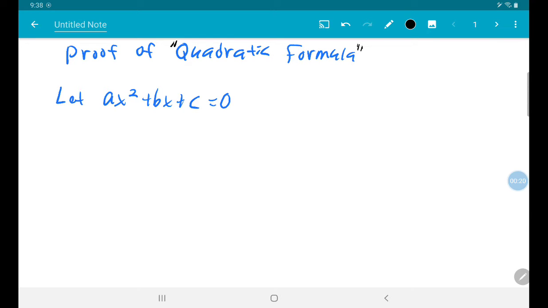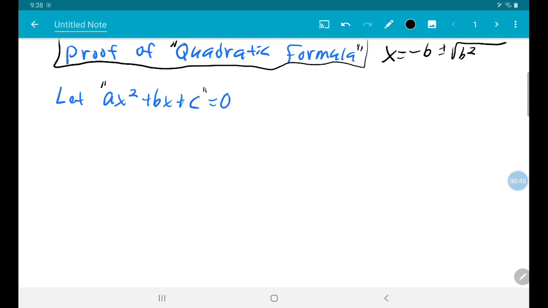So we're going to actually prove the quadratic formula, or basically, given a polynomial or a quadratic of the form ax squared plus bx plus c equals 0, I want to prove that the solutions, the zeros, the roots, whatever you want to call them, are x equals negative b plus or minus square root b squared minus 4ac all over 2a.